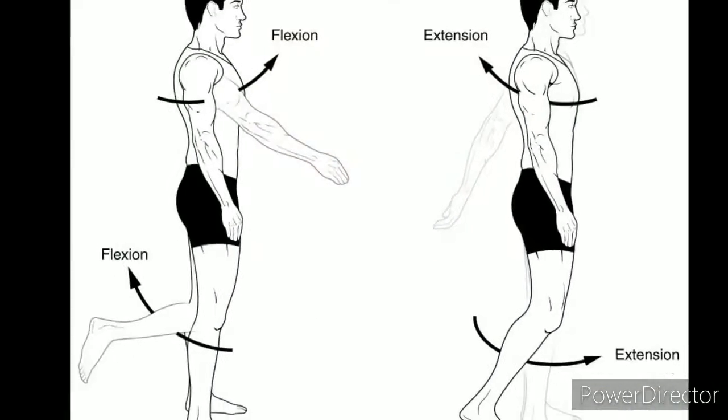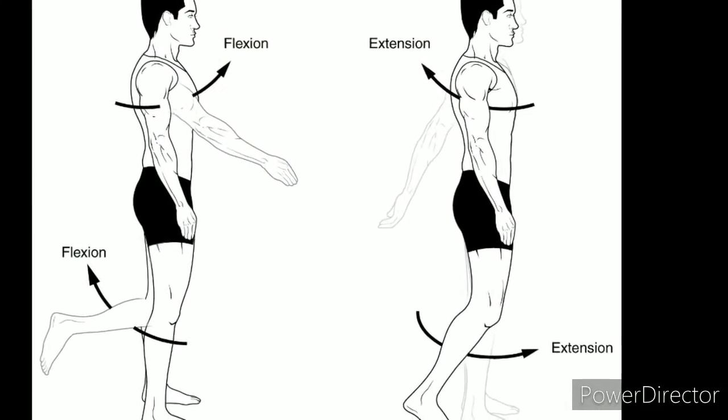So flexion and extension are movements that take place within the sagittal plane and involve anterior and posterior movements of the body and limbs. First, the flexion and extension of shoulder and knees. This is an example of the movement.